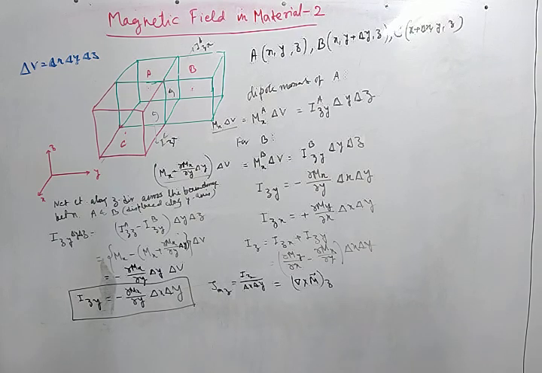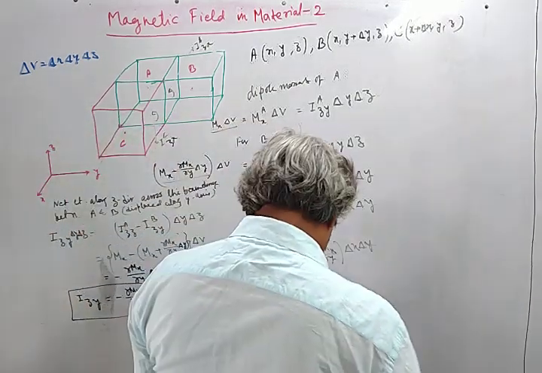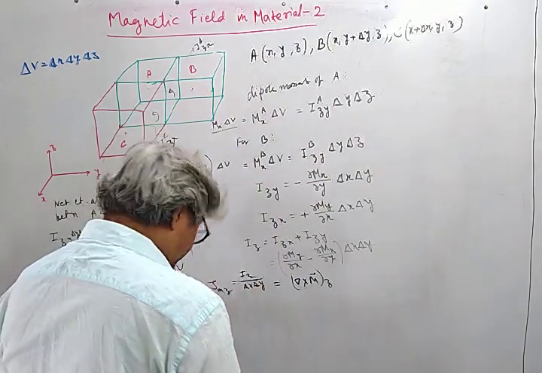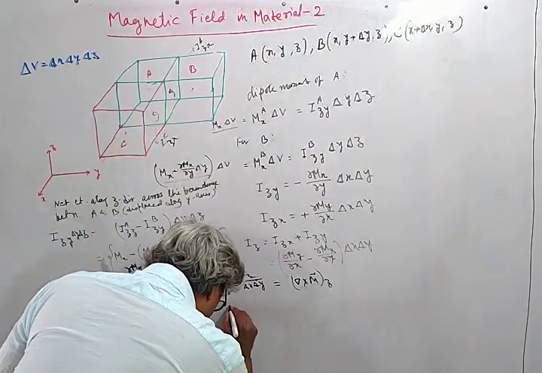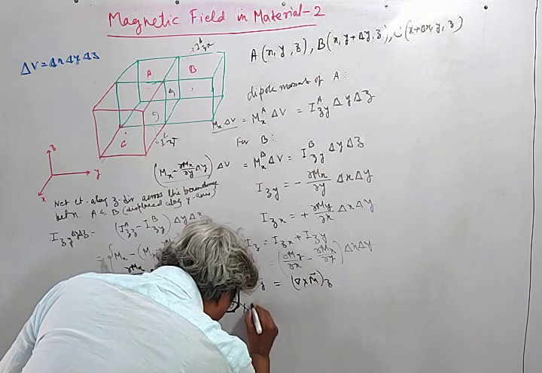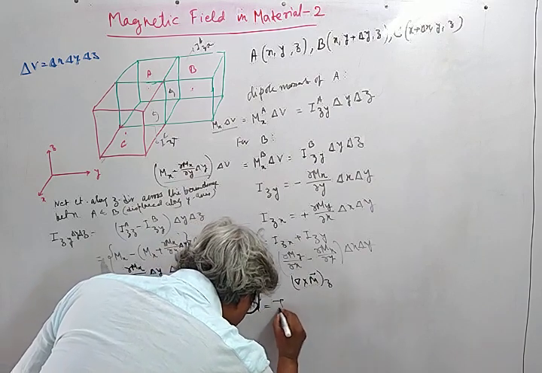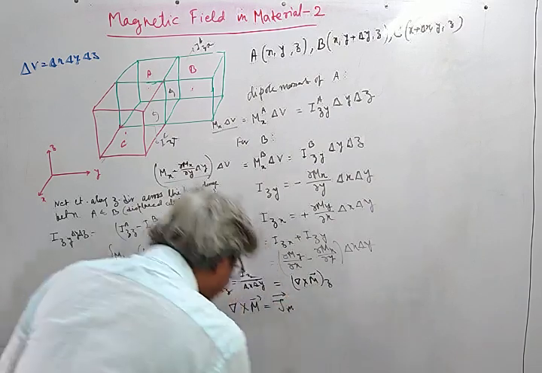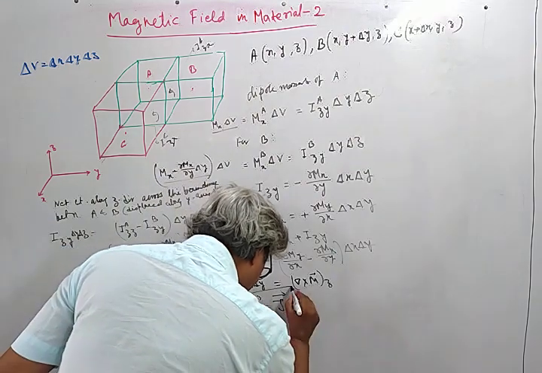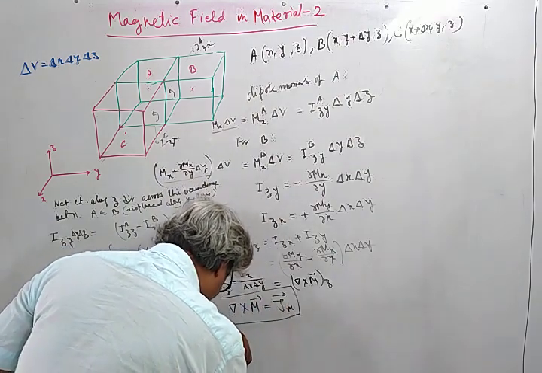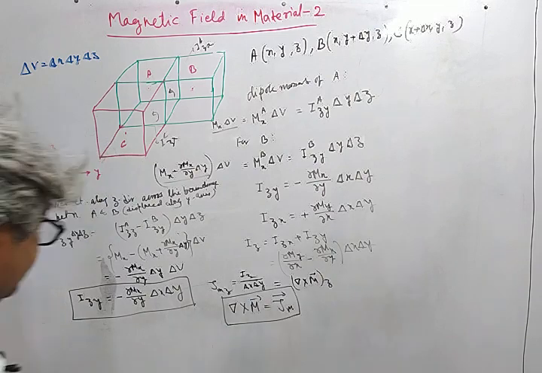Why magnetization? Because the circulating electrons lead to the dipole moment, which in turn produces the magnetization. So we find that, considering the other contributions, we come to the relation that curl of M is equal to J_m. This is the relation that we advocated at the beginning of the talk.